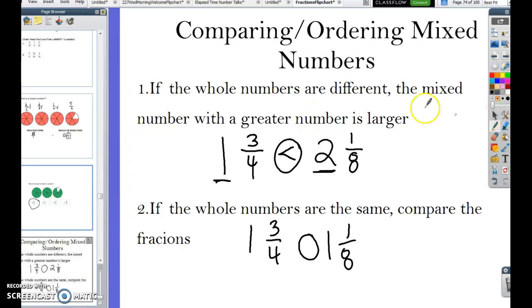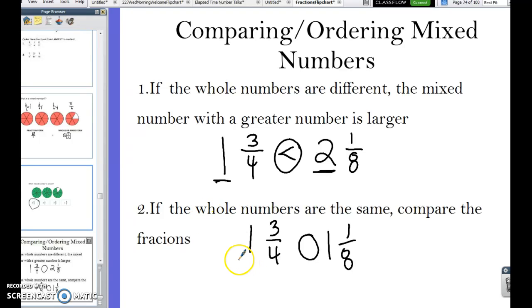I know that 2 is larger than 1, so that would receive my greater than sign. It gets a little tricky when the whole numbers are the same though. So we look at the whole numbers first. Oh, they are the same. So now I'm going to take a look at my fractions, 3/4 and 1/8, and compare them just like I would a normal one. If I compare 3/4 to 1/2, 3 plus 3 is 6, so this is more than 1/2.